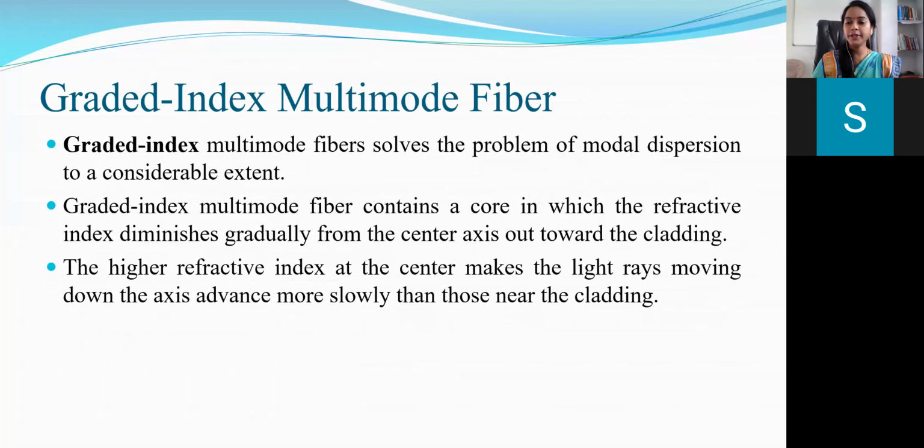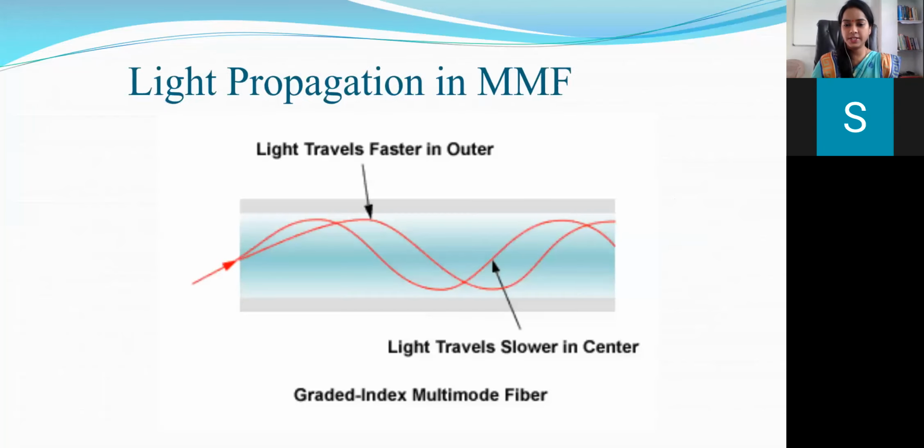Here, according to the diameter, the refractive index of the core changes. This is how the light propagates in multimode fibers. If this is the cladding and this is the core, in the core you have gradually increasing or gradually decreasing refractive indexes. So light will travel faster if we have a outer refraction.